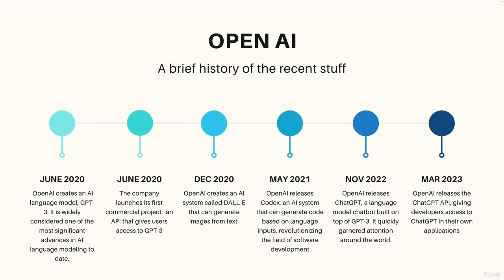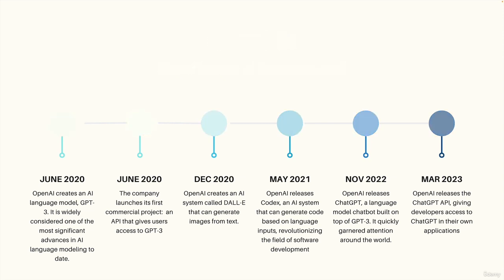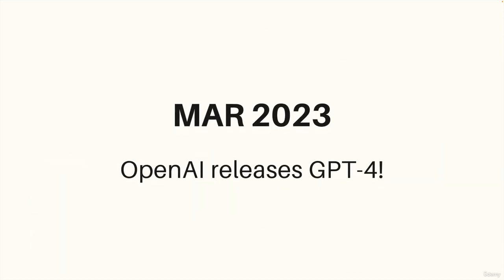We ask it to review code, to give us feedback, to improve code, to fix bugs, to write code from scratch, to write tests. All that sort of stuff can be done with GPT-4. And that brings us to the last bullet point that gets its own whole page because it's so significant. Just a couple weeks ago, OpenAI released GPT-4, which we'll use in this course alongside GPT 3.5.